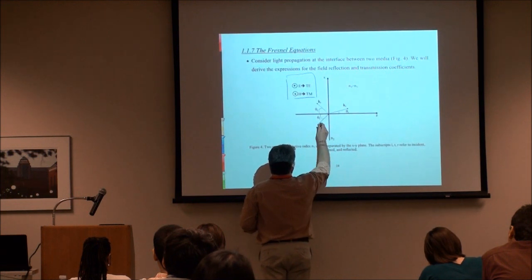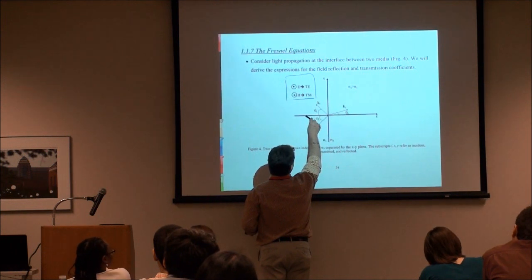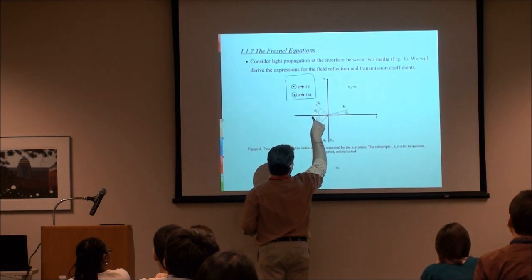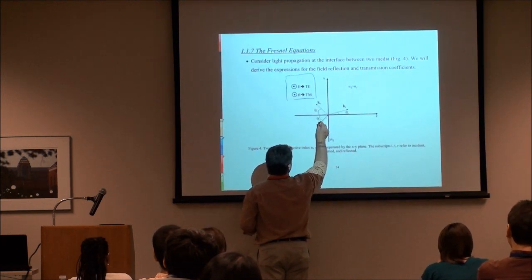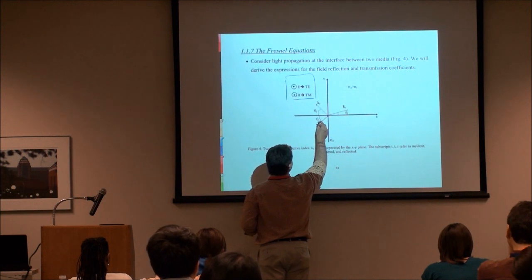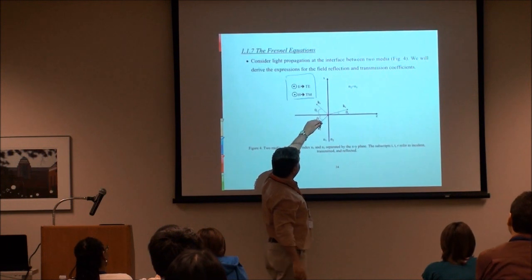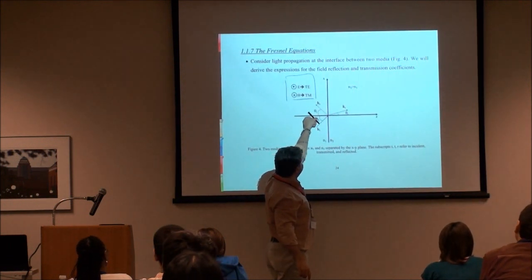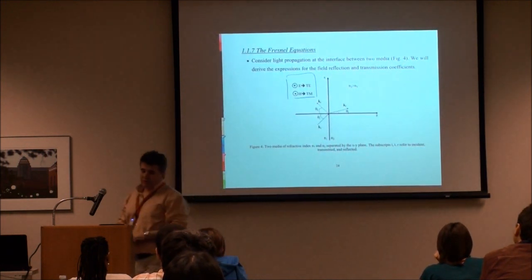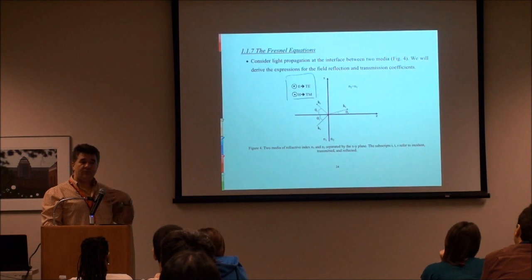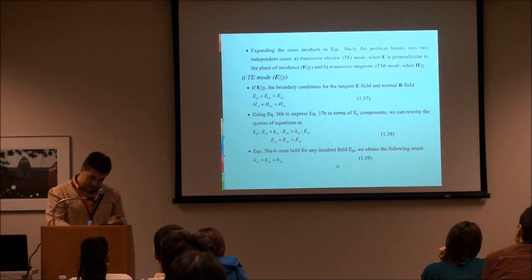And the other one, when H is perpendicular. H perpendicular means E is in the plane, so it has components in both x and z. The TE has only components in y. Are you with me? TE is this one. TM is this one. H is perpendicular, E is in the plane. And there is no magic, there is no assumption from my part. This comes out naturally from the equations. It breaks into two equations, but I don't think I have them here.